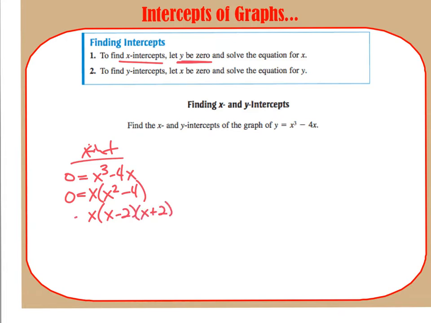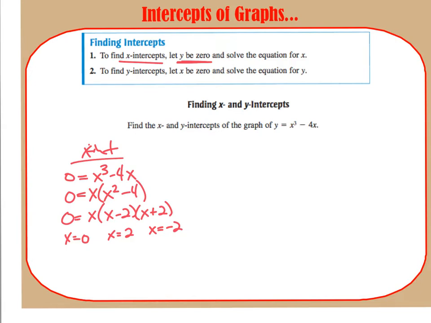So now I'm going to use the zero product property, and so I end up getting x is equal to 0, x is equal to 2, and x equals negative 2. That is not sufficient, because guess what all three of those things are? Those are lines. Those are not intercepts. So guess what we need to make them?